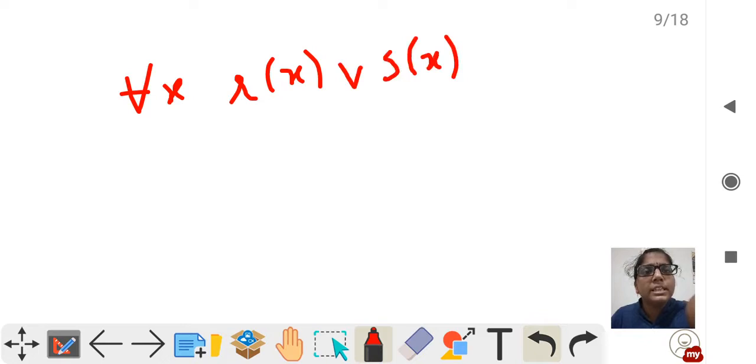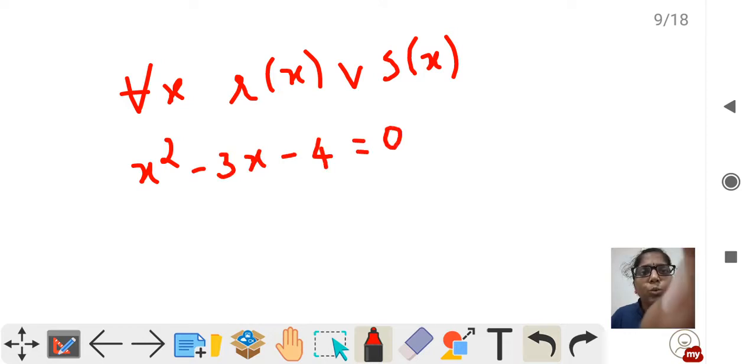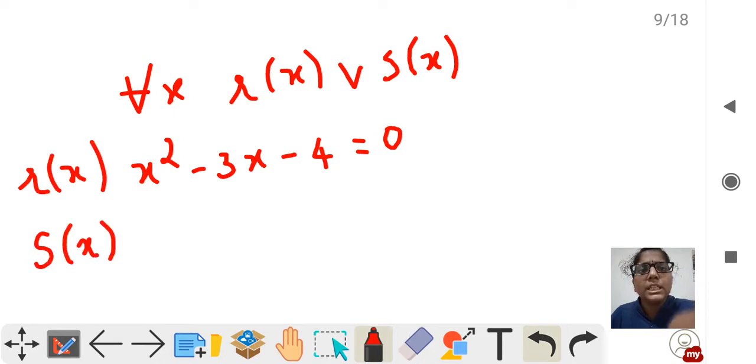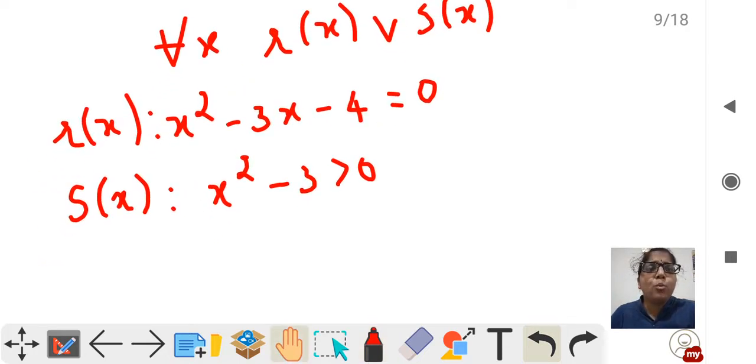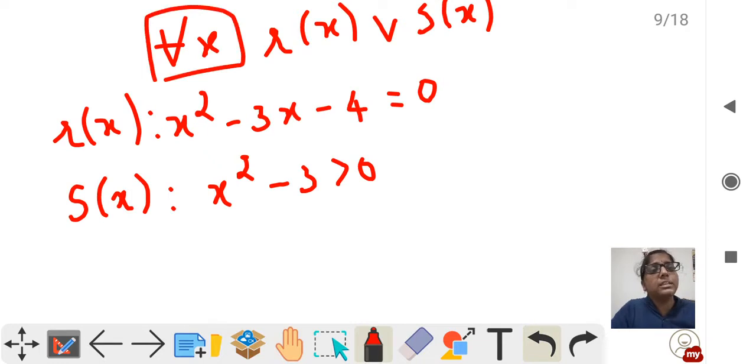So we have to check for every x here. That is, for all x, the statement should be true. So or means if either one of them is true, then you can make it a true statement. Okay. But we have to check for false.